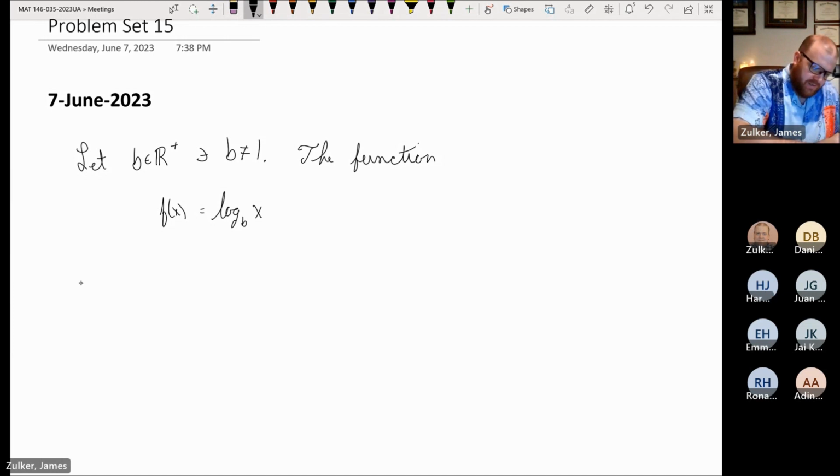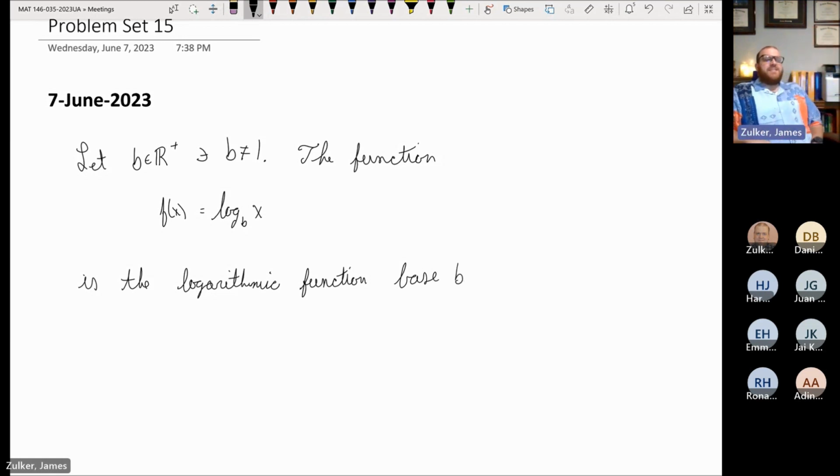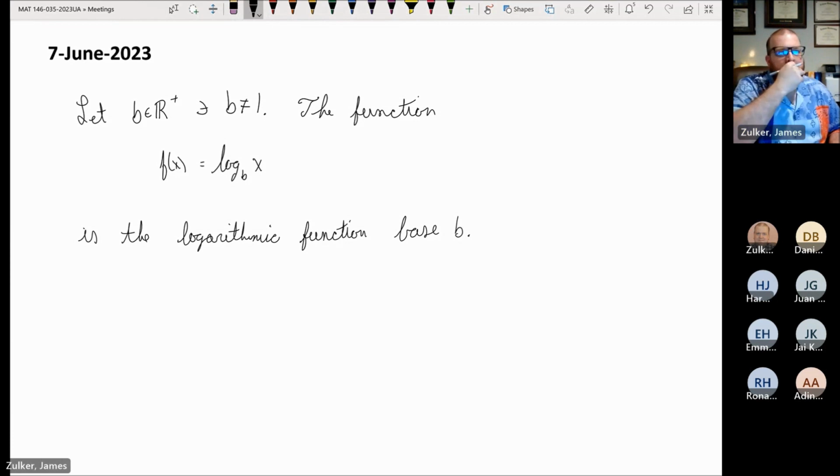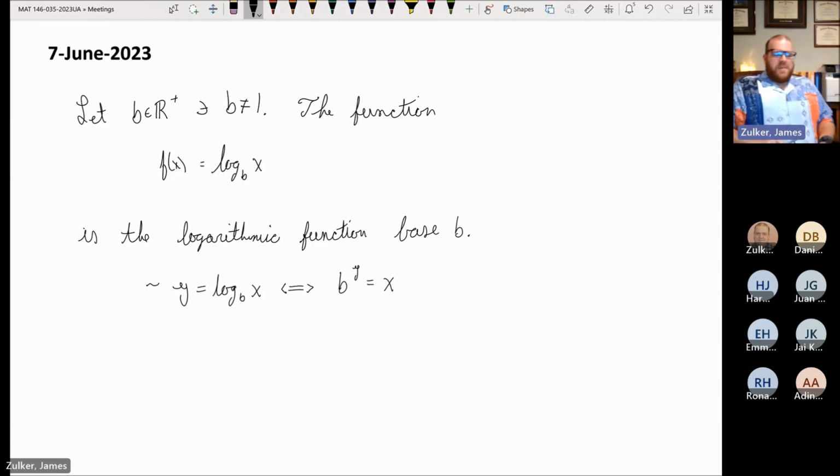This function is the logarithmic function base b. y equals log base b of x if and only if b to the y is equal to x.